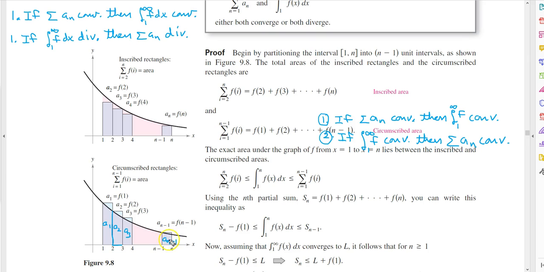The area of this rectangle would be a sub n minus 1 times 1. Alright, so what we have then based on this picture, now you see how the area of the rectangles, if I add all of them up, they're larger than the area underneath the graph of the function f. So what we then have is this result.